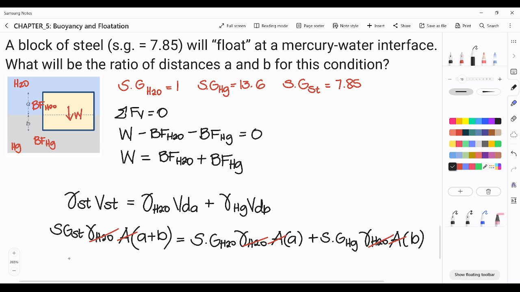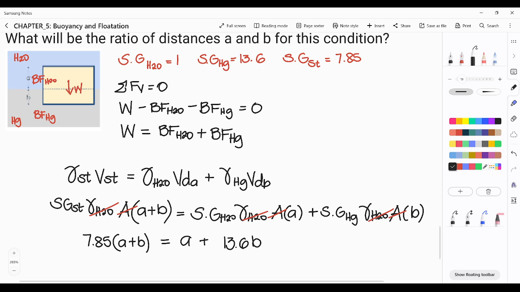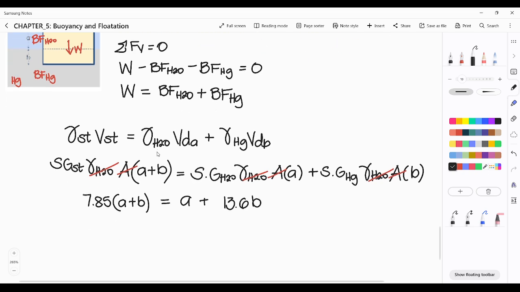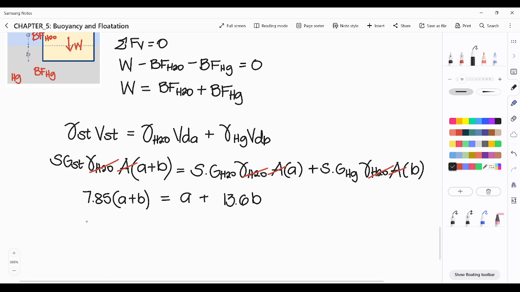So, 7.85 times A plus B equals SG of H2O, which is simply 1, times A, plus the SG of mercury, 13.6, times B. Okay, rearranging the equation para mas makita natin, solve natin siya linearly.